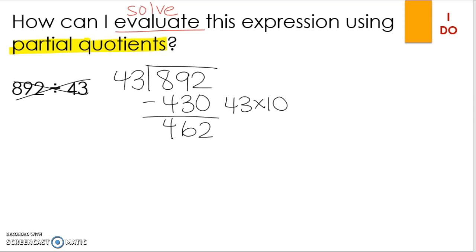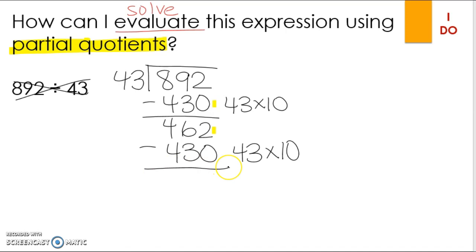And I notice that 462 is greater than 430. So I'm going to try 43 times 10 again. And I get 430. When I subtract, I have 32 left.